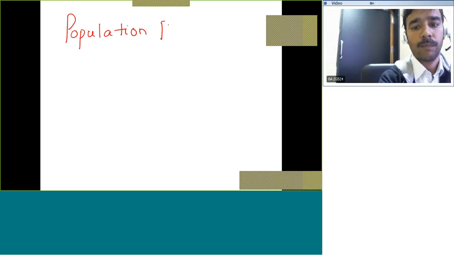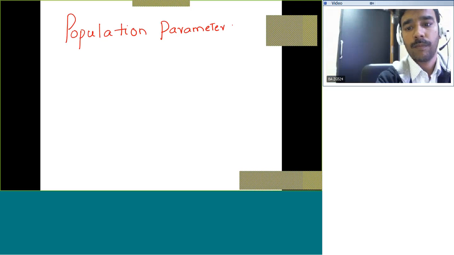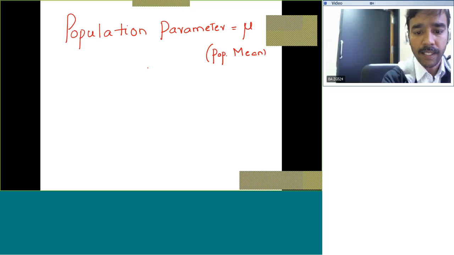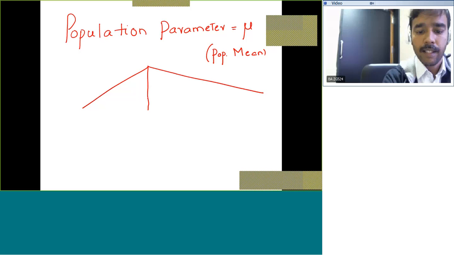For example, I want to estimate my population parameter mu, that is the population mean. For this, I can have several unbiased estimators.